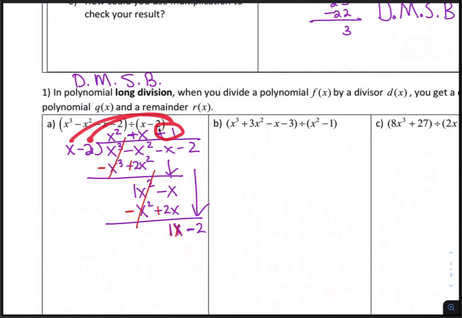So 1 times x is x, which you write on the next line, and 1 times negative 2 is negative 2. When we subtract, the 1x minus x cancels out, and negative 2 minus negative 2, that'll change to plus 2, and that cancels out as well, so your remainder is 0.